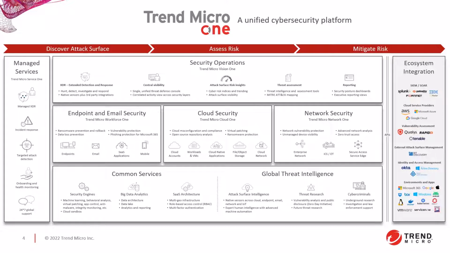However, we do have that ecosystem I mentioned on the right-hand side, covering different SIEMs and SOARs, cloud service providers, vulnerability assessment, external attack surface management, identity and access management, and environments and apps. We combine all of this telemetry to be able to provide the security operations you see in the first layer. One of those is discovering the attack surface.